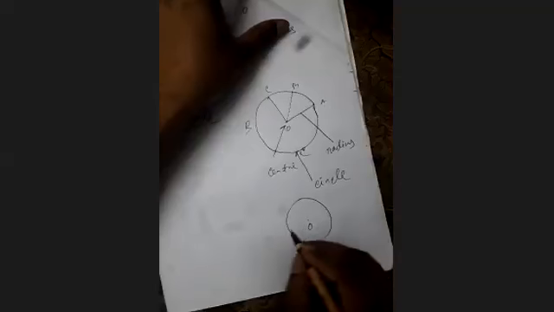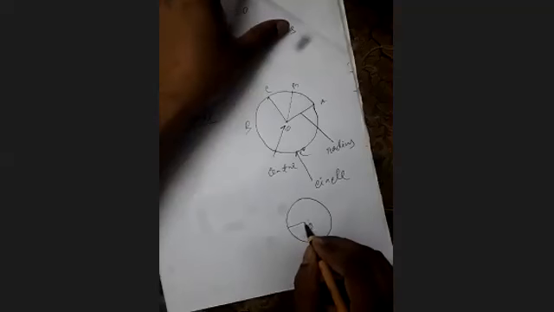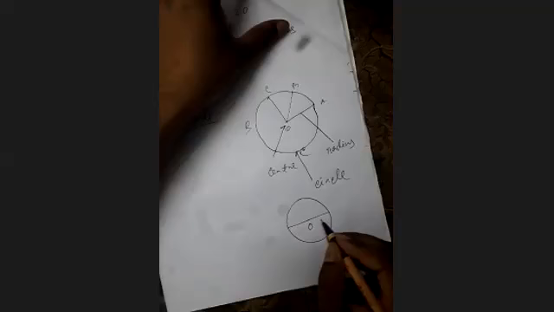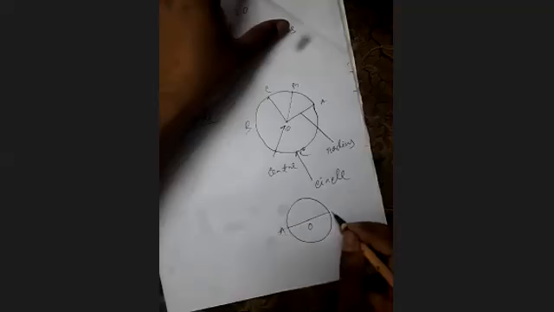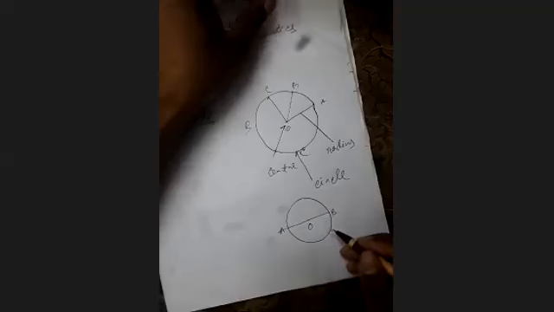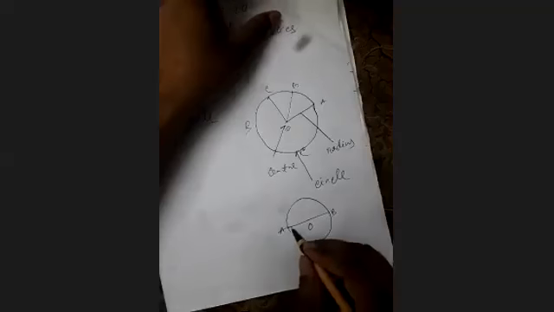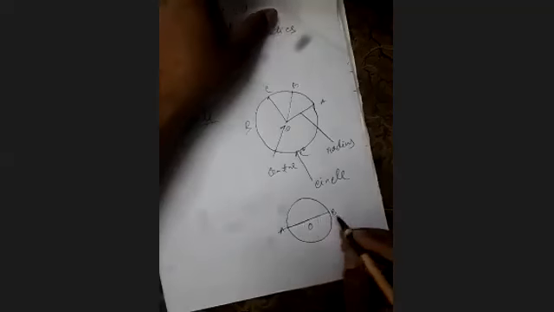And if we consider this circle ABC, or any circle with center O, any line which passes through the center and touches two points on the circle, at A and B, this joining line AB is called the diameter. Diameter is AB.